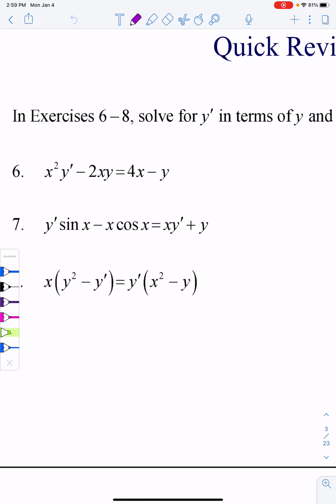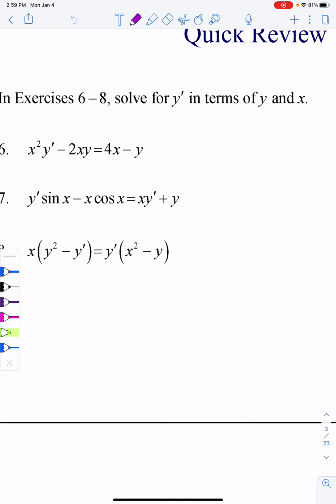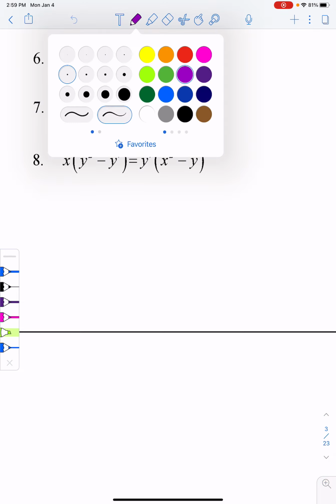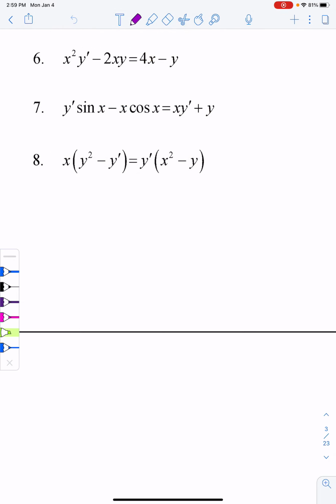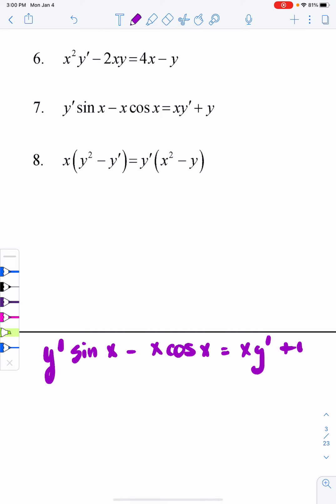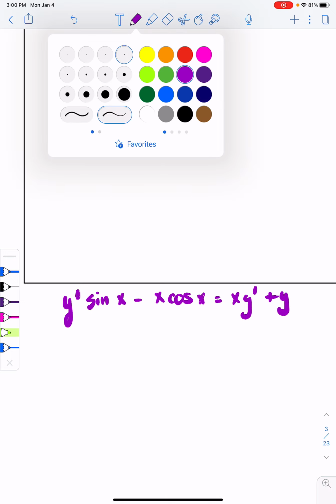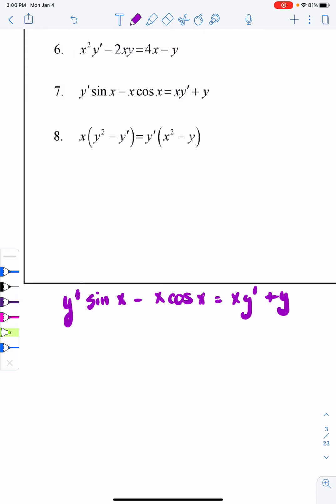6 you can probably do pretty easily, but let's talk about 7. And so when you look at 7, it says y prime sine x minus x cosine x equals x y prime plus y. And so in order to solve this, you're going to need to get your y primes together and everything else on the other side.